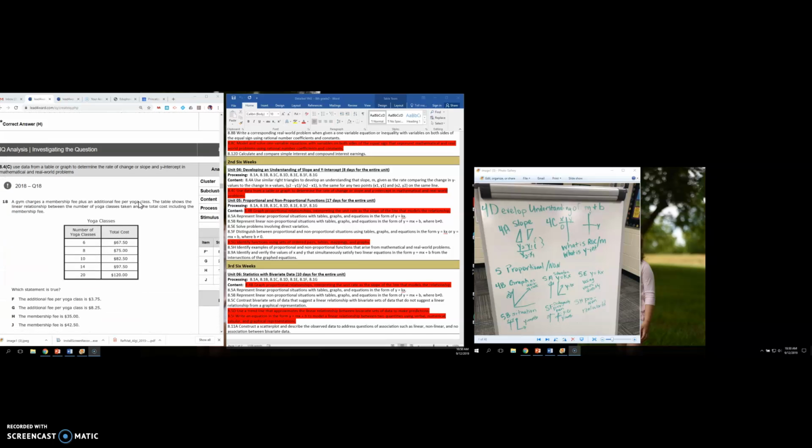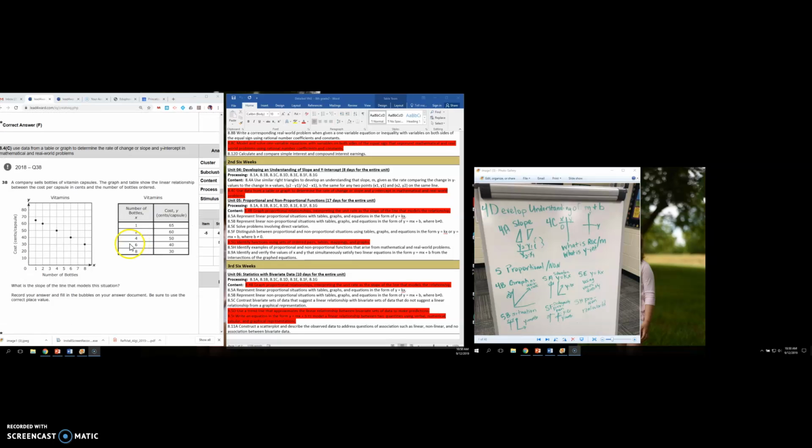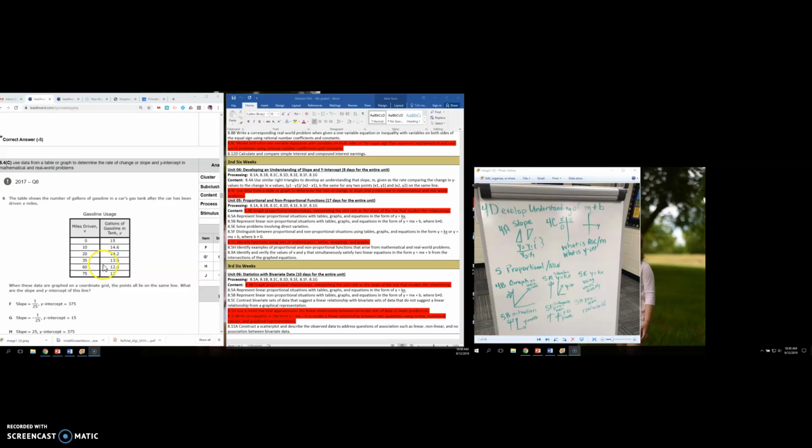So you're going to be given every single time a table, and then asking, which one is correct, which one is true, looking at maybe the slope or the y-intercept of this table. Given a table or a graph, ask what the slope is. For, again, another table, ask what the slope and y-intercept is.